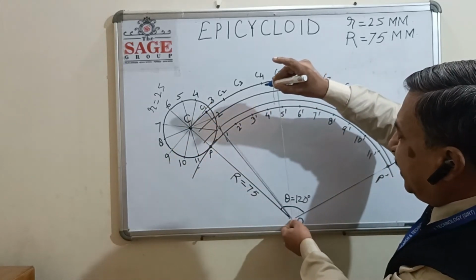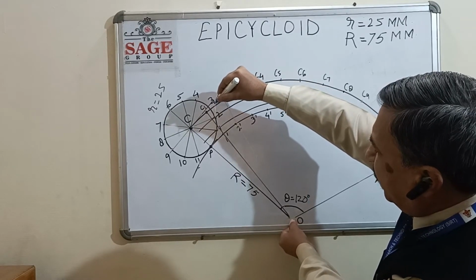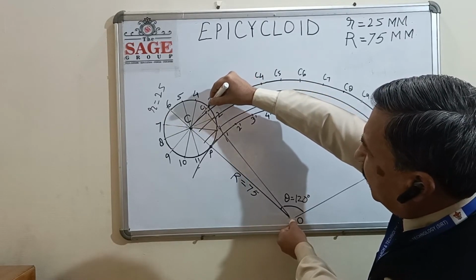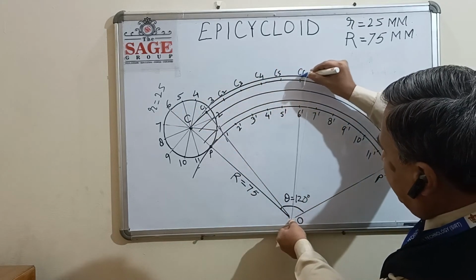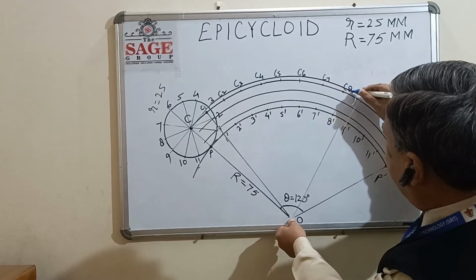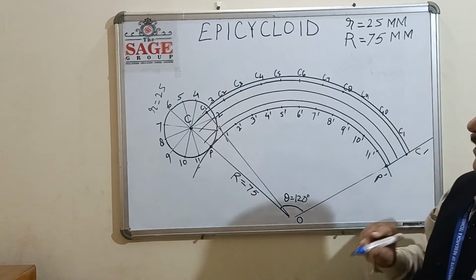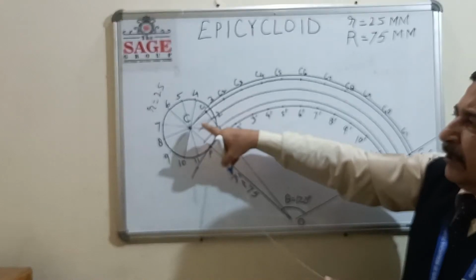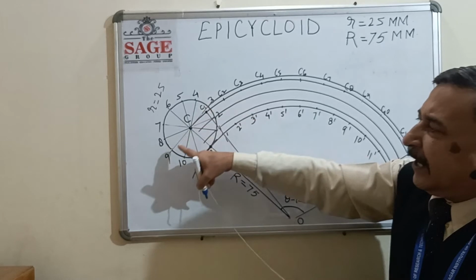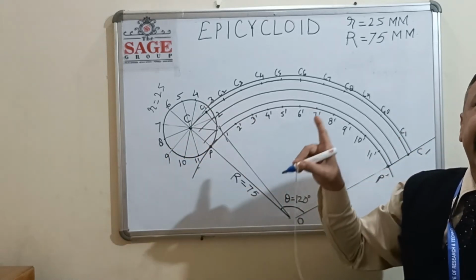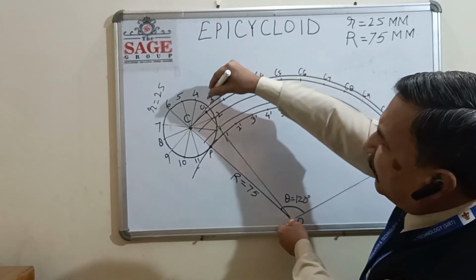So remember this, that through 3 we have another curved path which is different from the C path, just a little above it. So please take care of this.